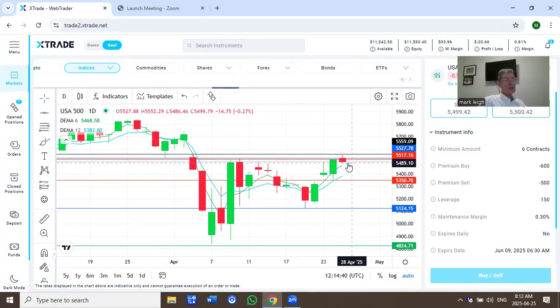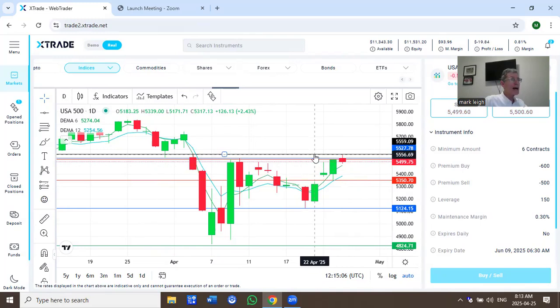That's pre-market, of course. When Wall Street does open up, we'll see if that continues, if buyers can break above this resistance area, or if sellers are going to take over, come back down to this, or at least look to test this 5,353 support area.